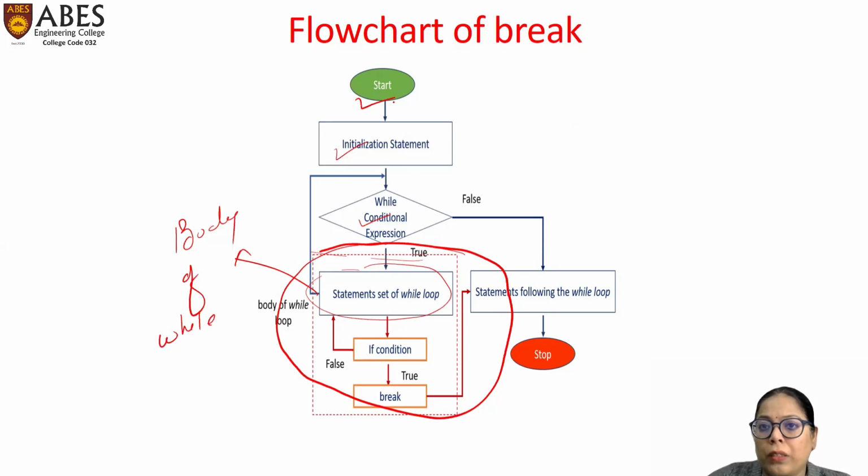So, you started, you initialized the statement, you tested the condition. If the condition is true, it will check the statements of the while loop, and inside the while loop we have an if condition. If the if condition is true, then break. As soon as you encounter the break, it comes out of the scope of the while loop, and the statement which was after the while loop will be executed and it terminates.